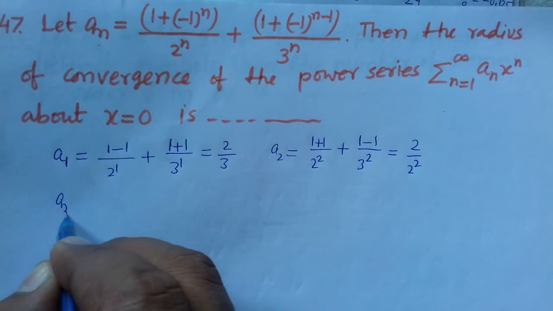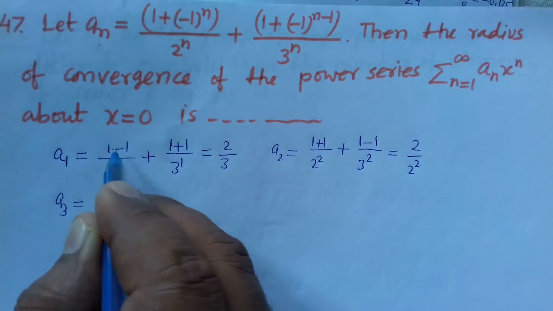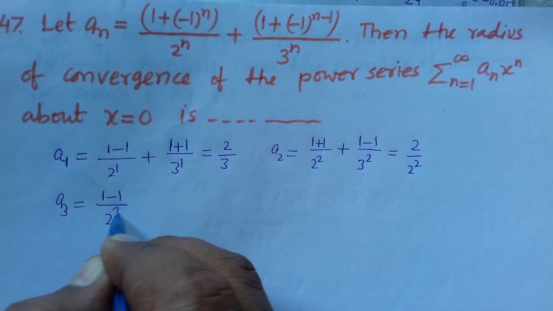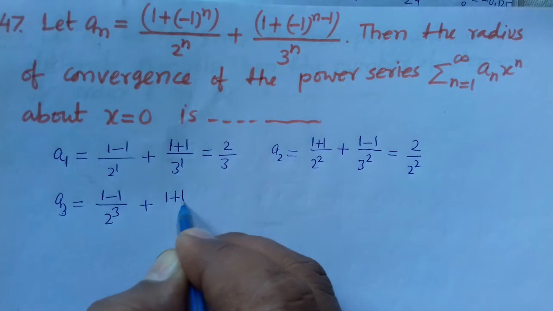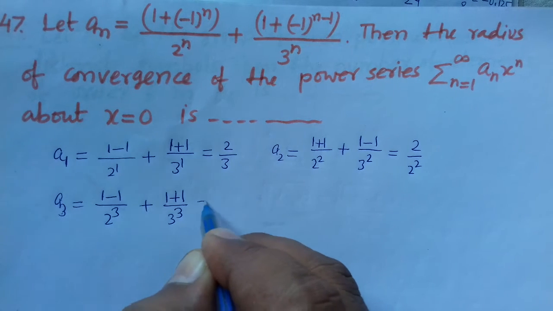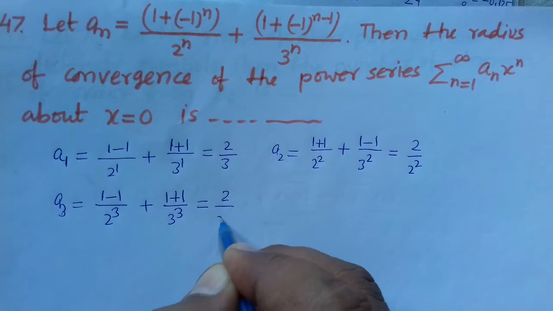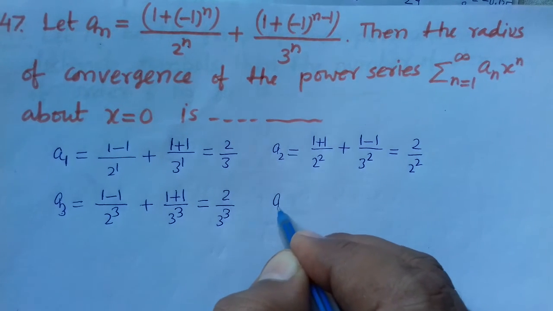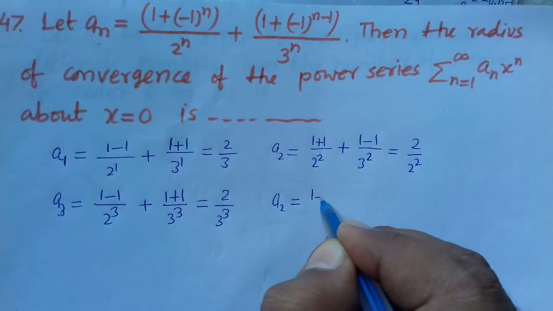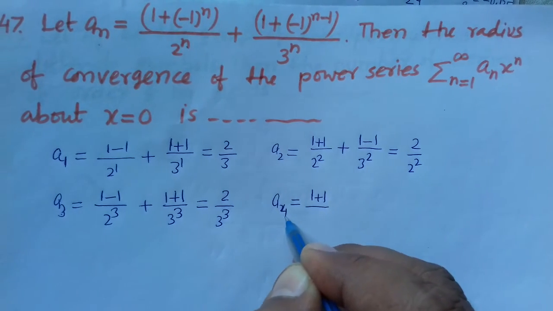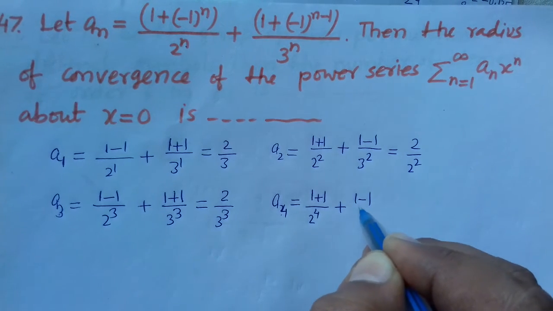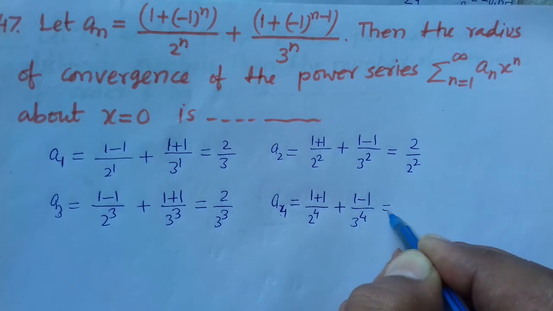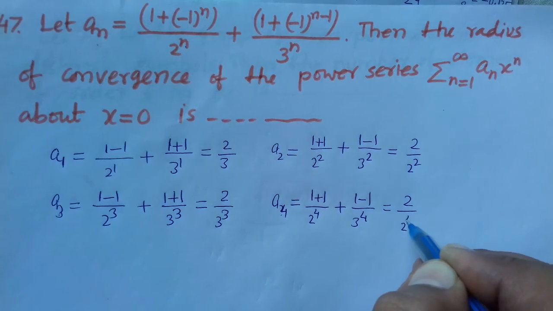So a3 will be again 1 minus 1, the same pattern, 2 to the power 3 because here is 3, 1 plus 1, 3 to the power 3, and this will be 2 by 3 to the power 3. a4 will be 1 plus 1 over 2 to the power 4, plus 1 minus 1 over 3 to the power 4, here will be 2 by 2 to the power 4.